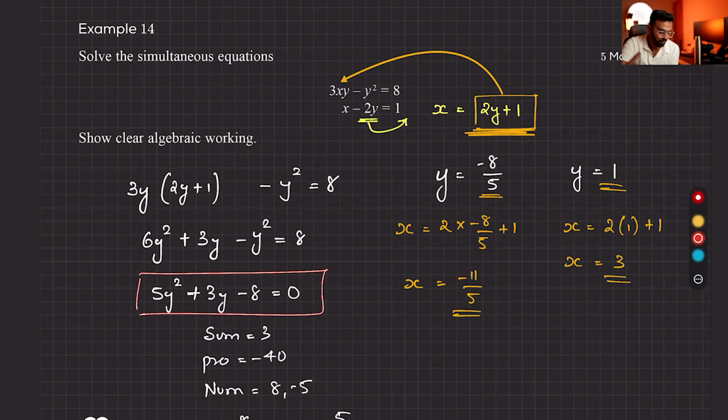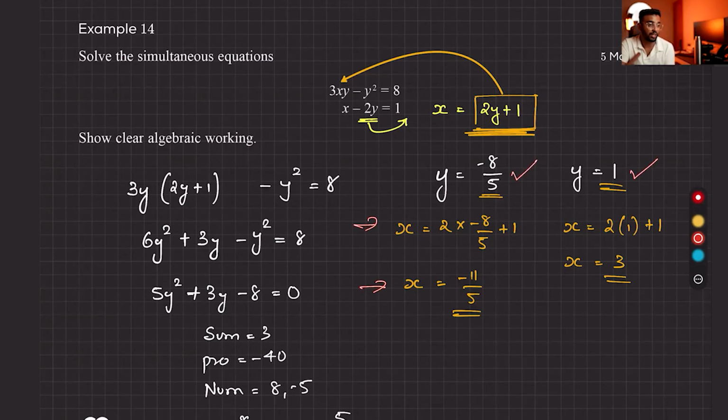The orange steps. Did you mean these ones? All I'm doing, I found y, and I'm finding x. So by replacing that as y here, because I'm replacing into that equation.